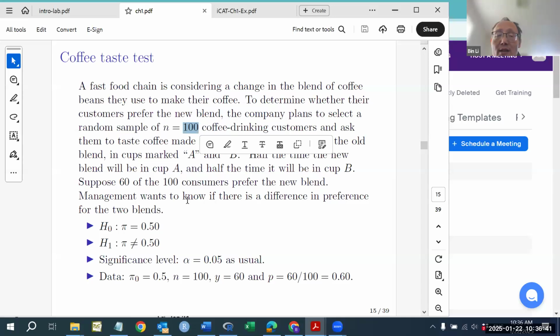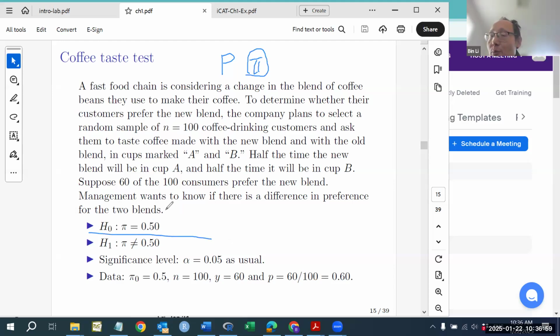And second, for the binomial distribution, we have another parameter, that's pi, the true proportion. And here we do the hypothesis test where the true proportion is 0.5, which is very good. Why?